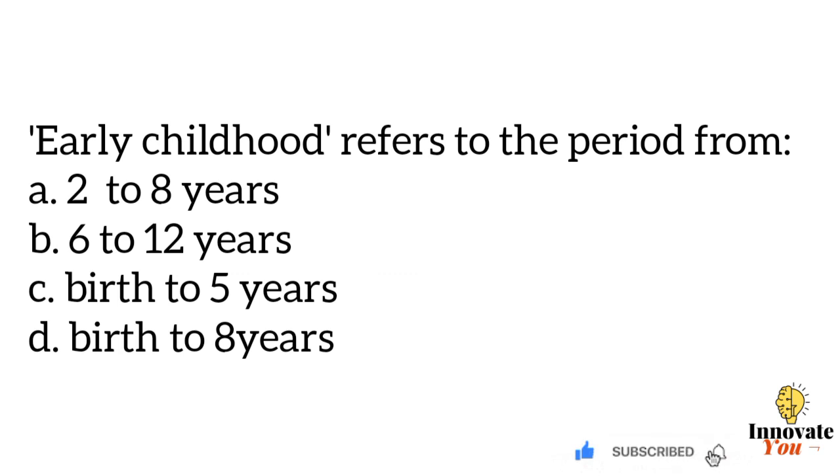Then later childhood is from 7 to 11 years. Then adolescence, which is from 12 to 18 years. As per WHO, adolescence age is 10 to 19 years. So the correct answer over here is 2 to 8 years.